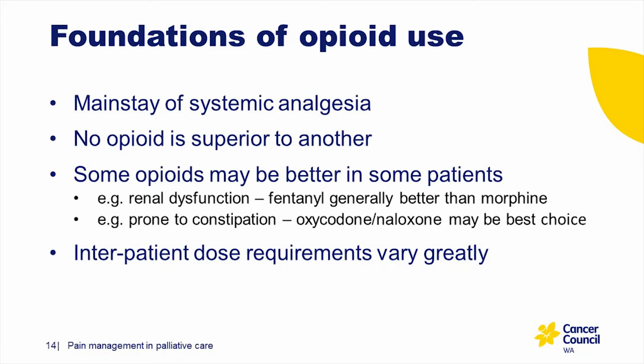So for instance, if we have a patient who has renal dysfunction, we may choose to use fentanyl rather than using morphine because we know that it is less likely to accumulate because it doesn't have active metabolites. If patients are prone to constipation, we may choose an oxycodone-naloxone combination because we know that the rate of constipation with that medication will be lower.